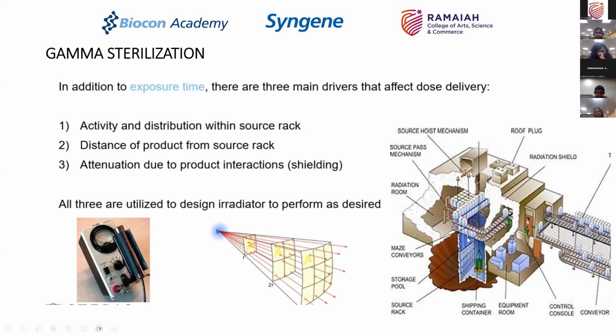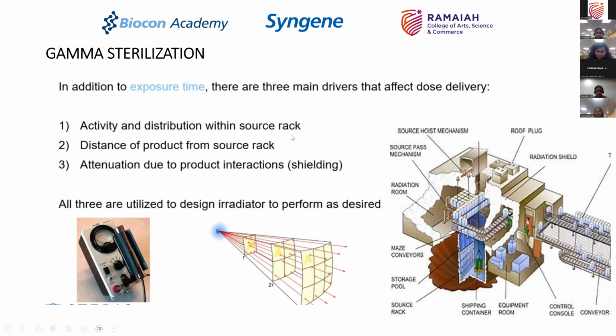You will have the underground shipping container which contains the cobalt 60, and then you have the equipment room with the console, and then the source rack. This is called a source rack, which is where the gamma rays will get irradiated. All right, and then they are transmitted to the upper layer where they do the radiation sterilization.